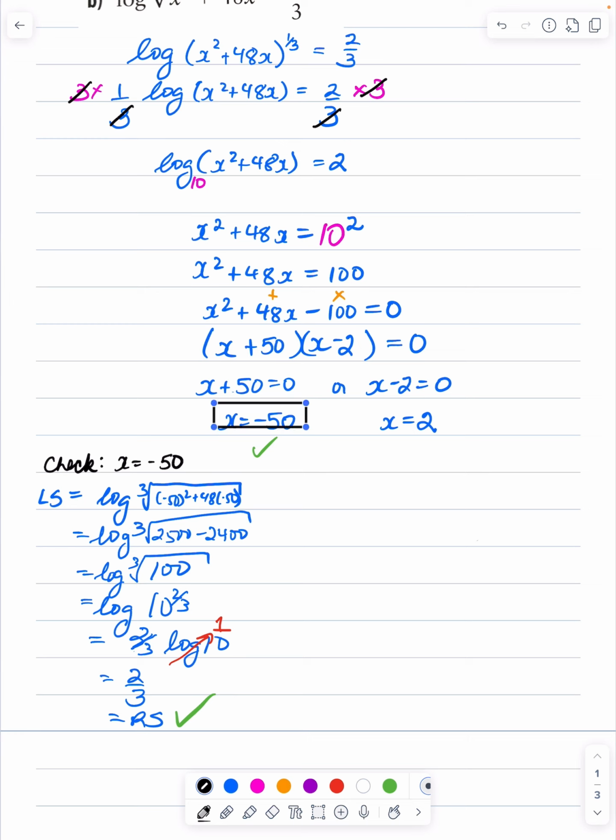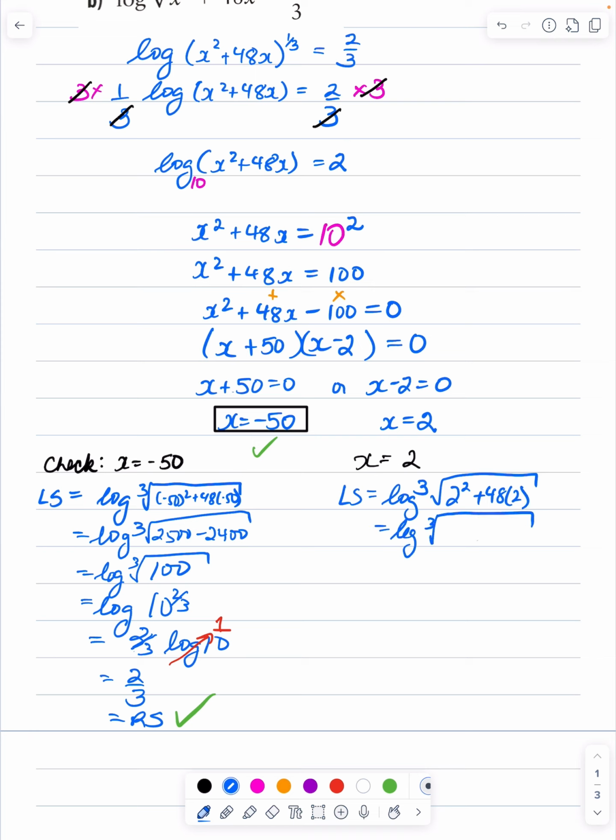Now the next one that we're going to check is x equals 2. So when we check x equals 2, the left side is the log of the cubed root of 2 squared plus 48 times 2. So the log of the cubed root, 2 squared is 4, 48 times 2 is 96.